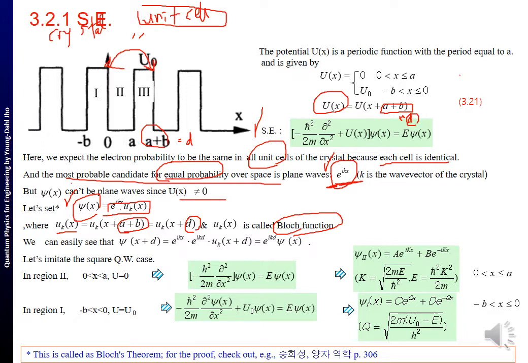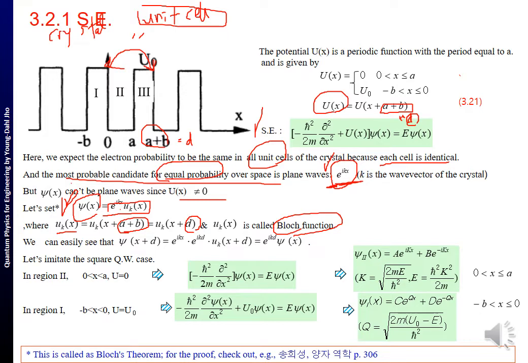That's the basic mindset of this class. So this is something called Bloch's theorem. You will repeatedly see this when you study semiconductors or any crystal-related studies.